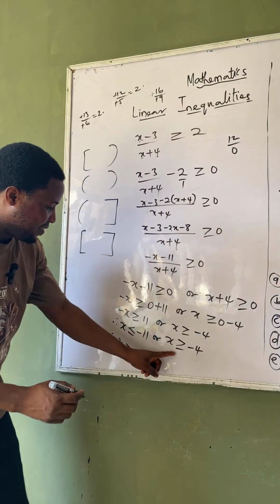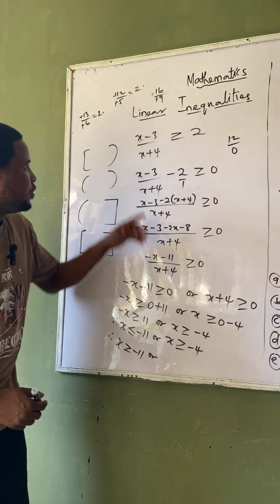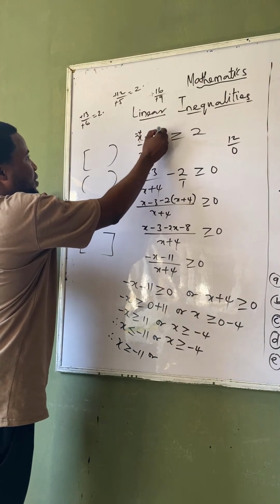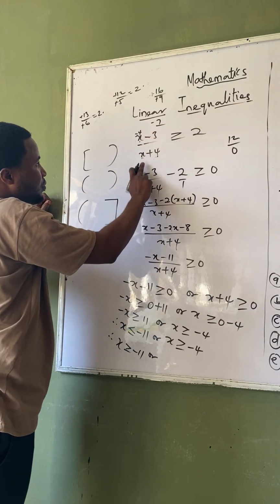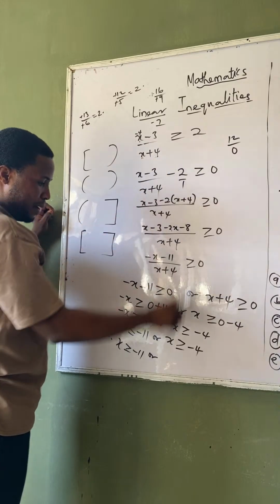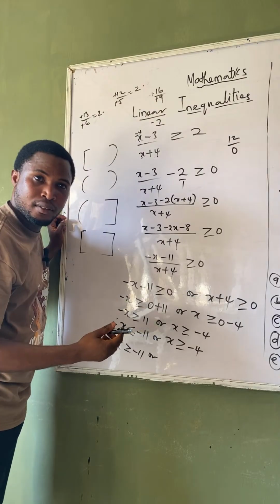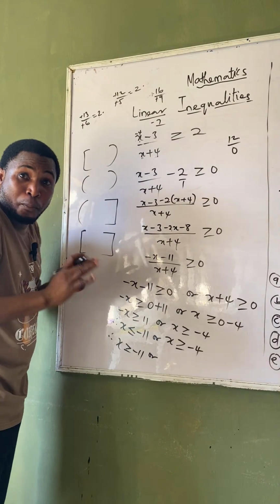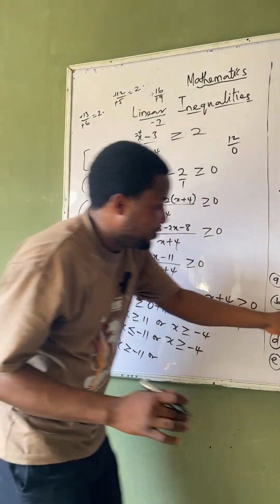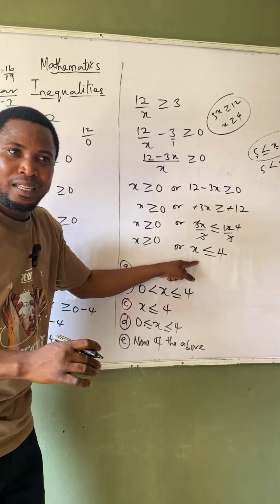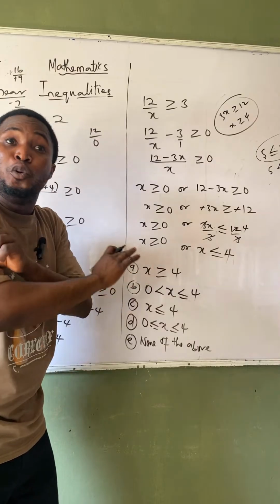Okay, so if x is greater than or equal to minus 4, that means let's try for minus 4. Minus 4, minus 3, minus 7, minus 4. It cannot be minus 4 because it gives me undefined. Okay, minus 4 is not part. That means if I'm writing something here, it must not include minus 4.